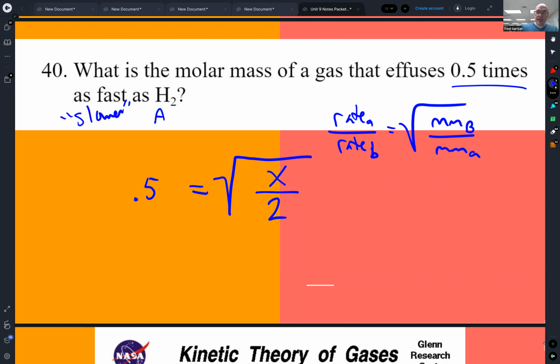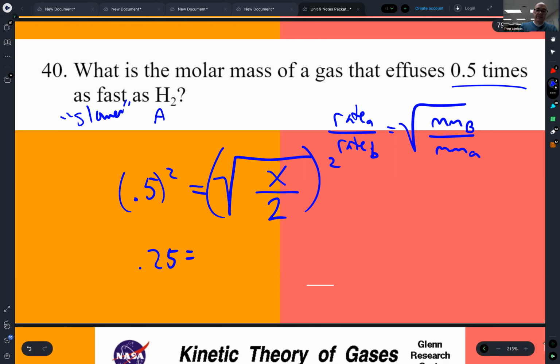So mathematically, algebraically, we need to get rid of this radical, so we're going to square both sides. 0.5 squared gives me 0.25, and that got rid of the radical.